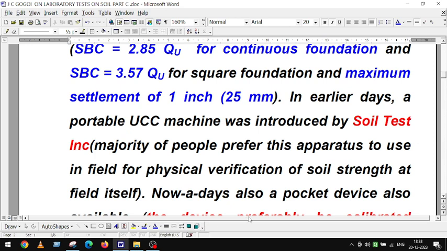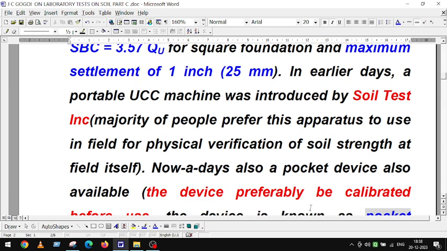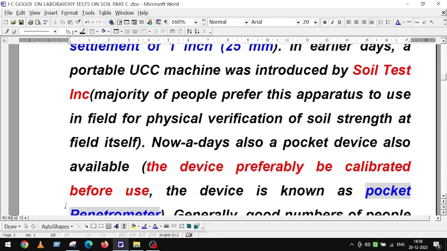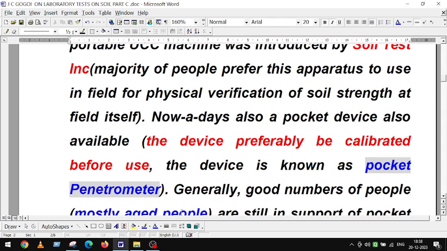Nowadays also a pocket device is available. This device is preferably calibrated before use, since it is a small spring-based instrument. The device is known as pocket penetrometer.